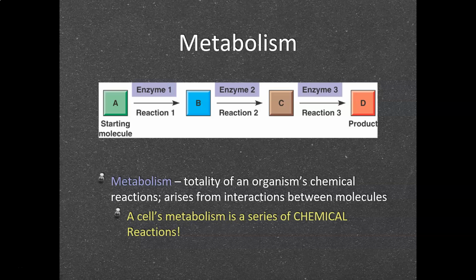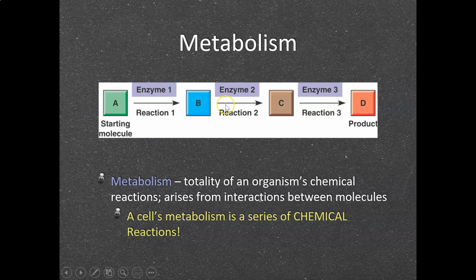But when we look at your metabolism as a whole, most things aren't going to be taken from a reactant to a final product, and that final product is what gets used in an organism.